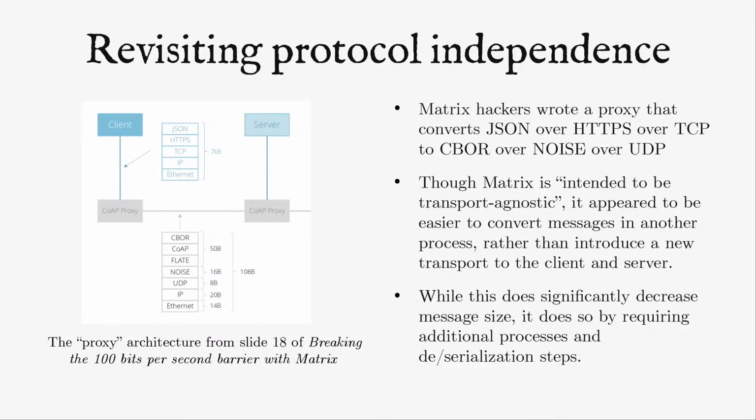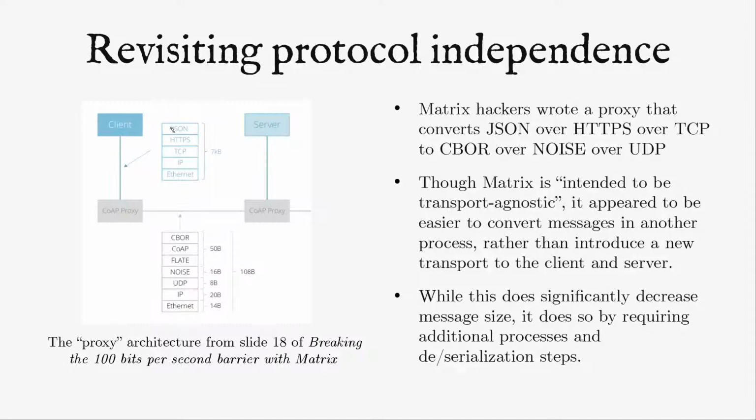So what some Matrix developers did was develop a proxy, or a pair of proxies, that would sit in between the client and the server and intercept any messages and re-encode them in a more compact object representation, CBOR, with a collection of more lightweight and more dense encryption and datagram protocols.